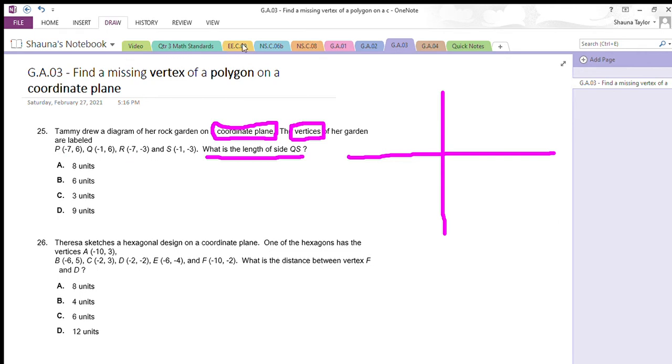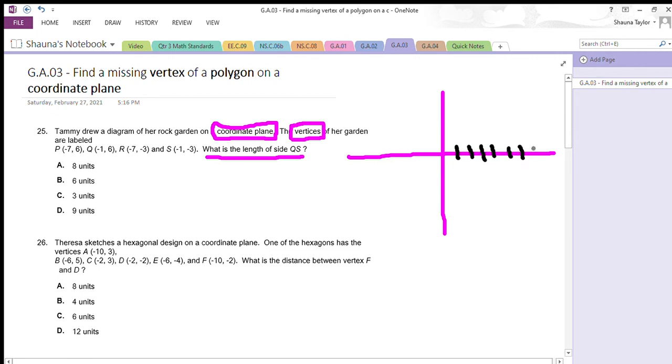So with that one, I'm going to draw 7 lines on each side. So 1, 2, 3, 4, 5, 6, 7.